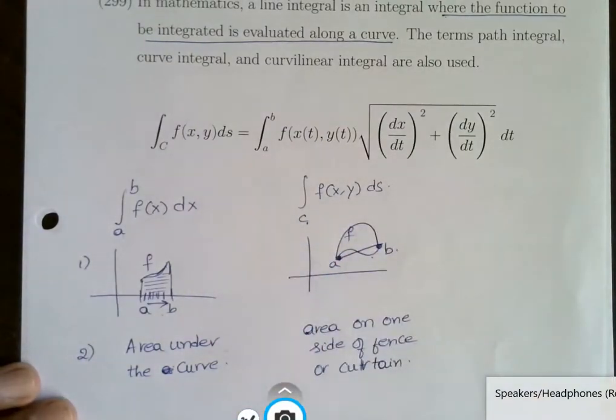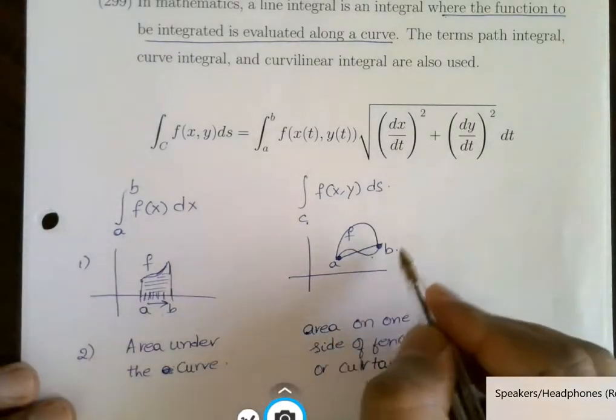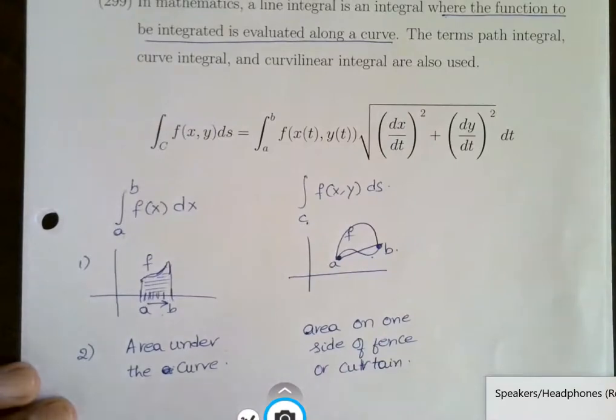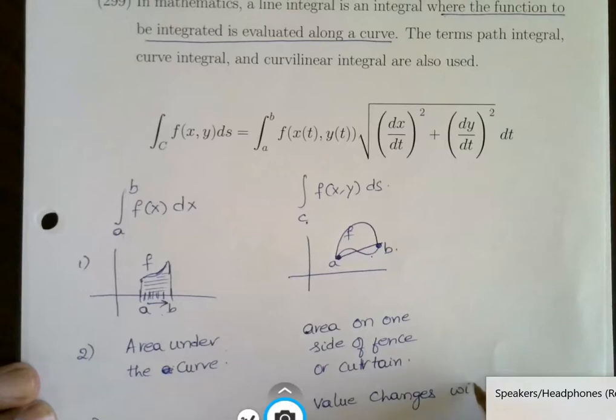There are many ways you can travel A to B; I drew three different paths. Now the third thing is that here the value changes with the path you take.